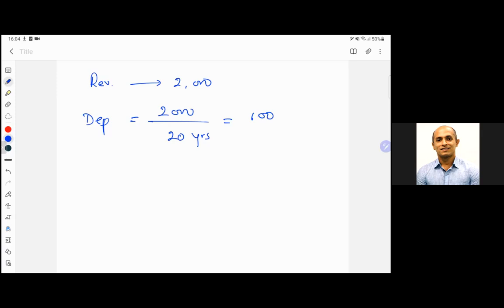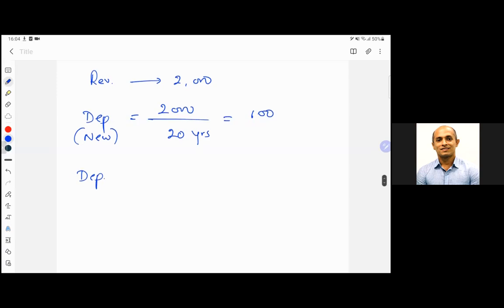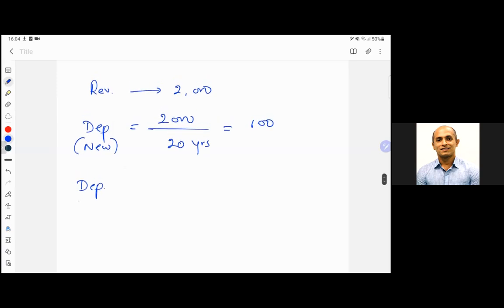How much depreciation have you already provided in the accounts? 100 is the new depreciation. How much depreciation was already charged to the profit?